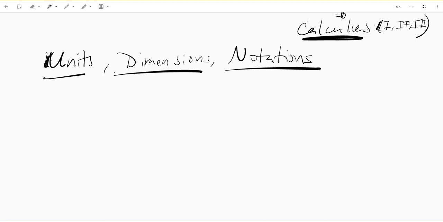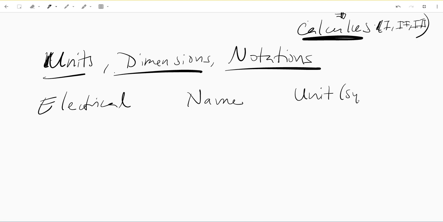So I'll write out the electrical name, and I'll write out the unit and this other symbol.